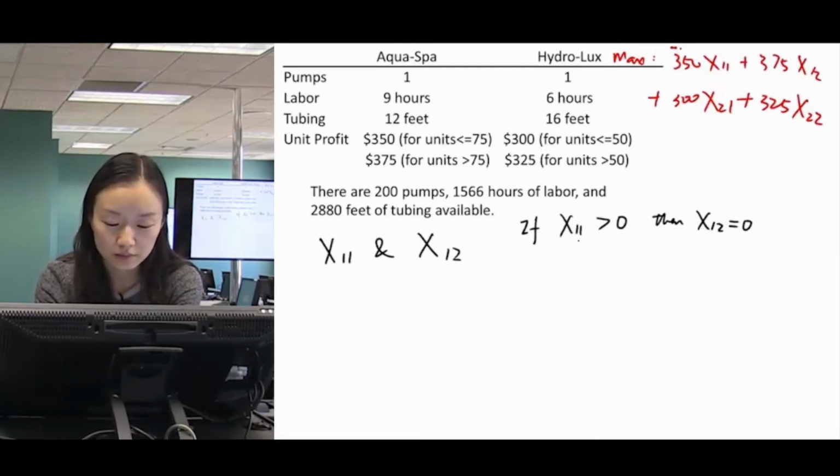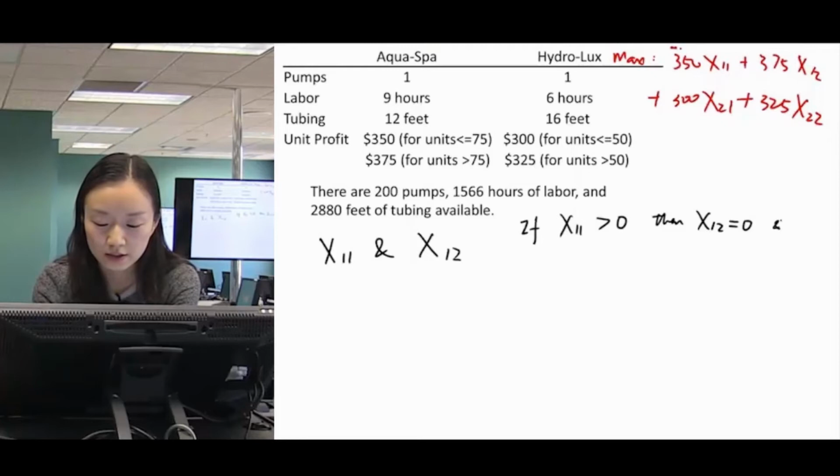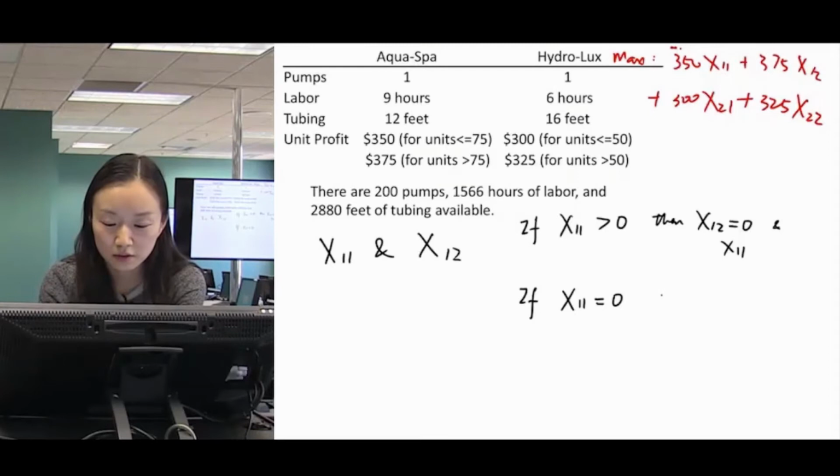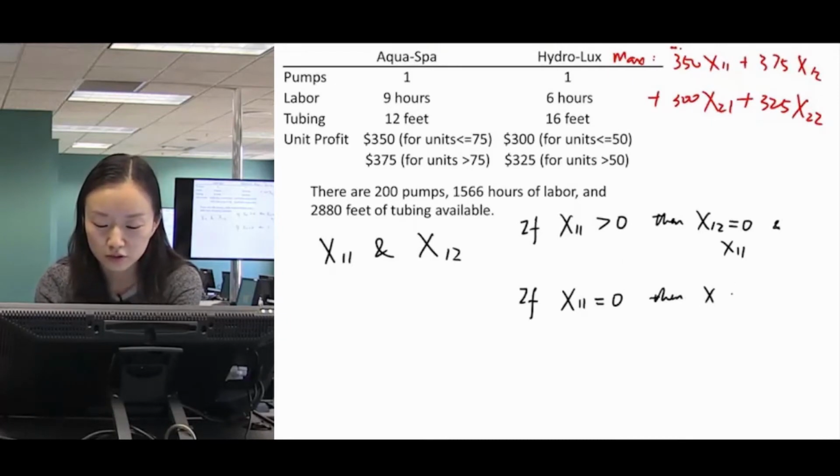And at the same time, x11 needs to be what? Yeah, vice versa. What's the definition on x11? If x11 is 0, what happens? x12 can be 0 too, right? These are the only two situations.